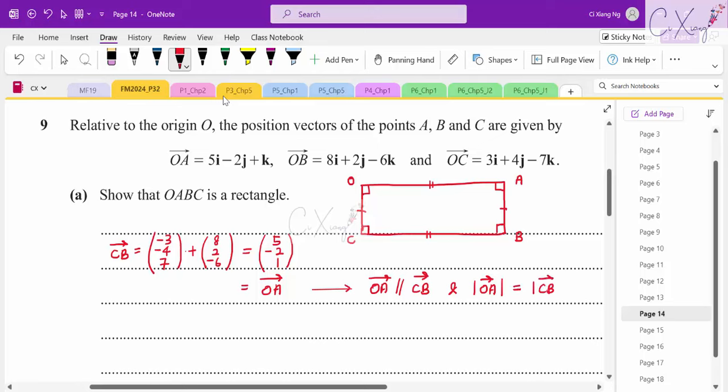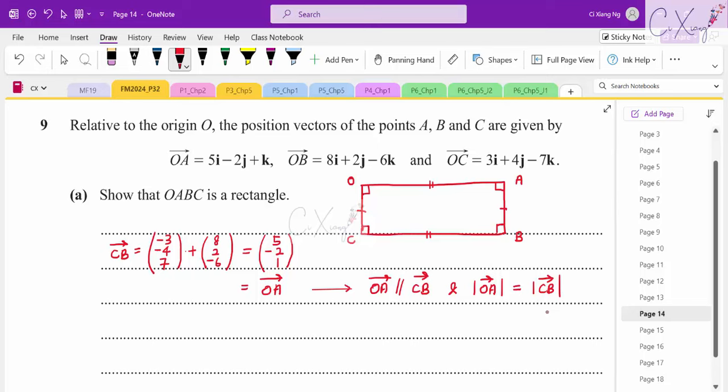I don't need to purposely go and find the length, because OA and CB are not multiples of each other; it is exactly the same vector. So the length is the same as well. So I can conclude that the modulus of OA equals the modulus of CB, which means the length of OA equals the length of CB.